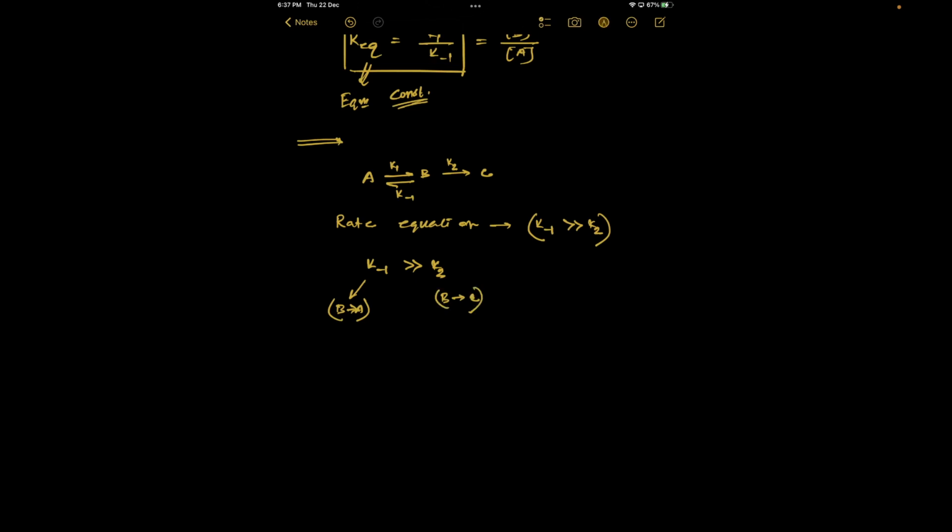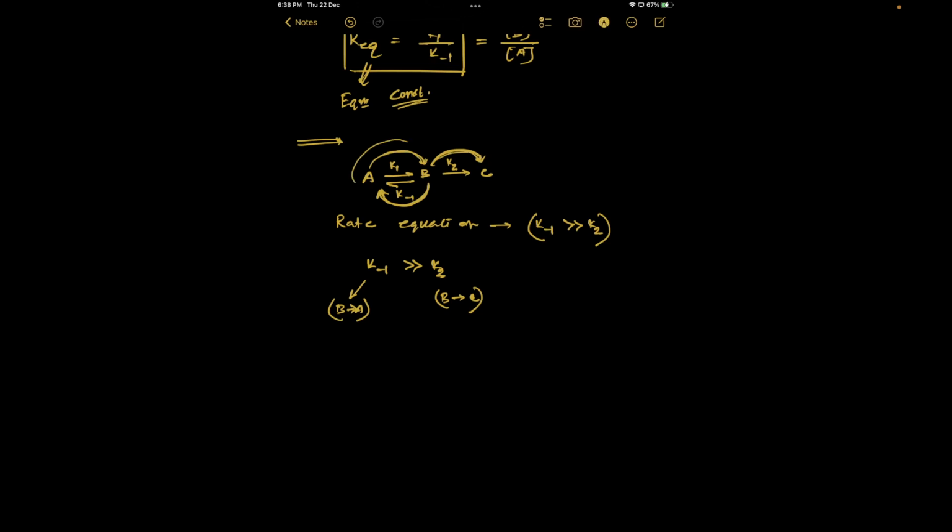That means when A to B molecules are forming, there are two possibilities for the B molecules, right? They can form C molecules, or they can go back to A molecules. Now K2 less than K minus 1 means this step is happening much slower compared to this step. So first A to B molecules are forming, then B to A molecules are forming very fast compared to the other step.